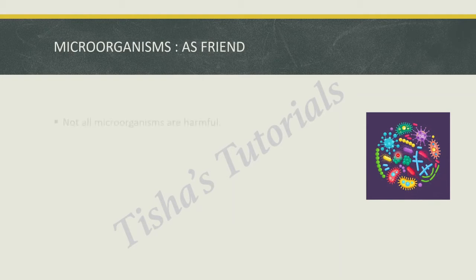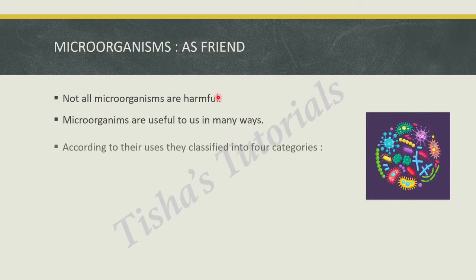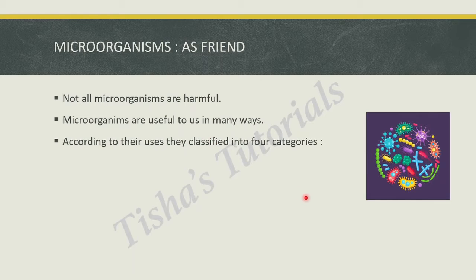Microorganisms as a friend. Not all microorganisms are harmful to us. Microorganisms are useful to us in various ways. According to their uses, and to understand each of them in an easier way, we have classified them into 4 categories. First one is commercial uses, which involves the use of microbes in various industries.